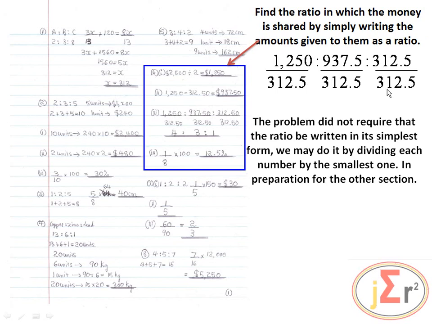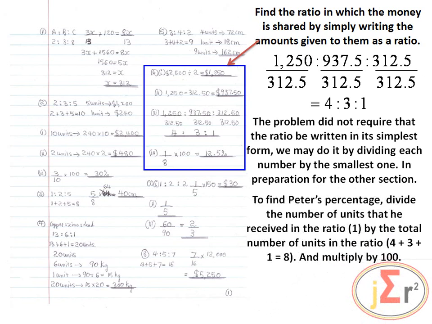Therefore, that makes the transition very easy, and we do not have to search very hard for the highest common factor. But in the future, in the case that it does not happen, search for the highest common factor and use it. So the ratio turns out to be 4 to 3 to 1.